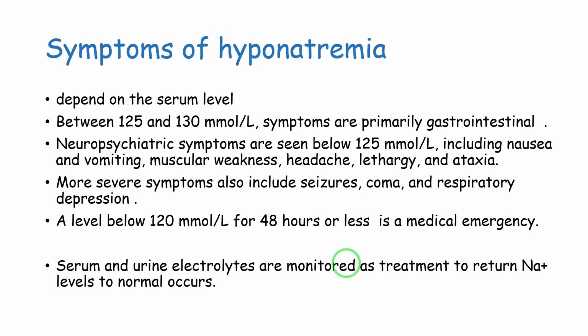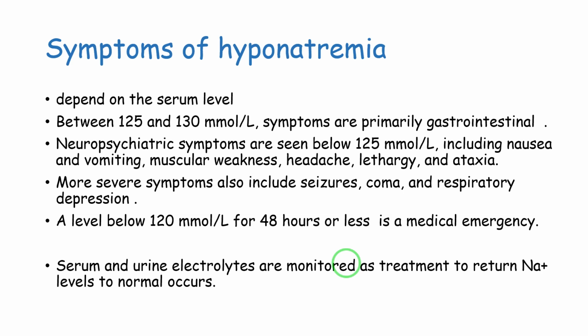The symptoms of hyponatremia depend on the cause and on the level of the hyponatremia. Usually we say that the lower limit of normal is 135, and anything below it is hyponatremia.